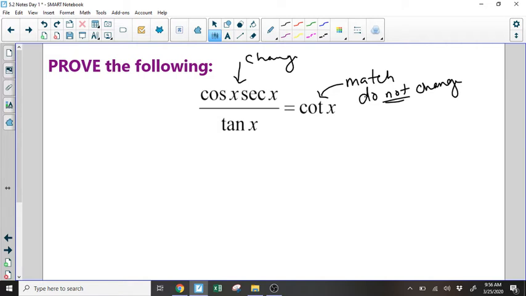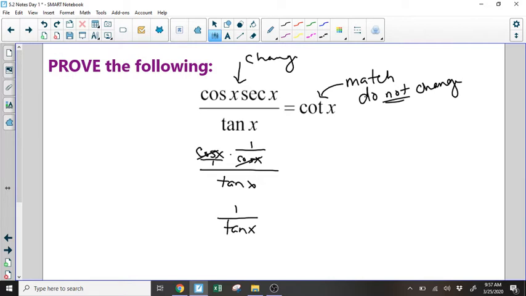So let's move to our left-hand side. Cosine of x, secant x over tangent x. One thing that I might want to do is work on the top part, the numerator. So we've got cosine of x, and I'm going to change that secant of x into its identity, 1 over cosine of x. So I've got a cosine of x at the top and a cosine of x at the bottom, and we can cross those off, which leaves us 1 over tangent x.